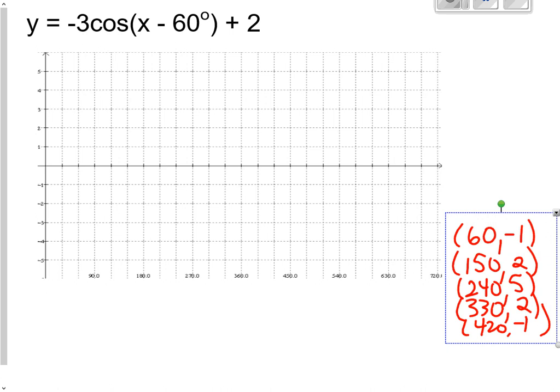It should be reflected, should have a change in our wavelength, it should have a phase shift so it's been moved to the right, and it should be up 2. Remember this is going by 30s: 30, 60, 90, 120, 150, and so on.